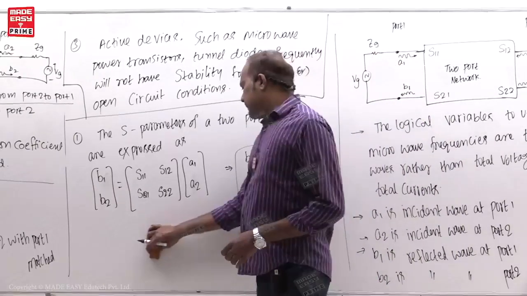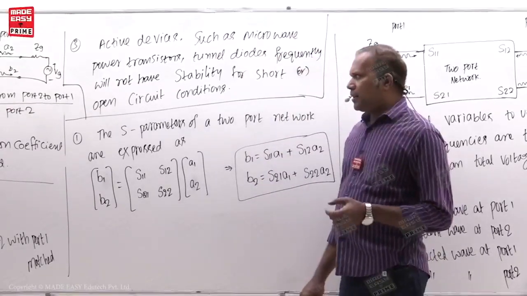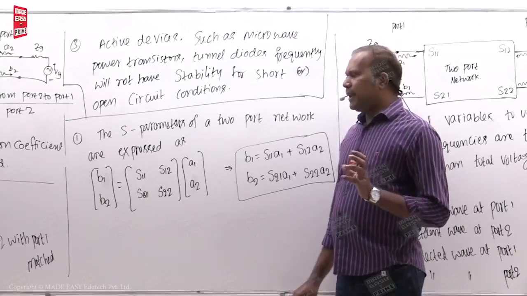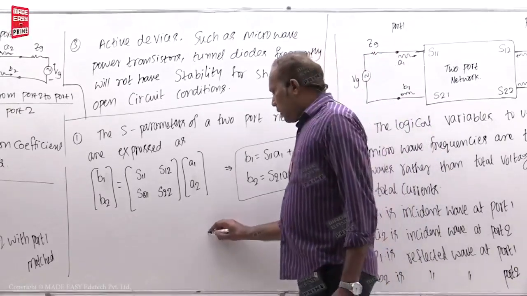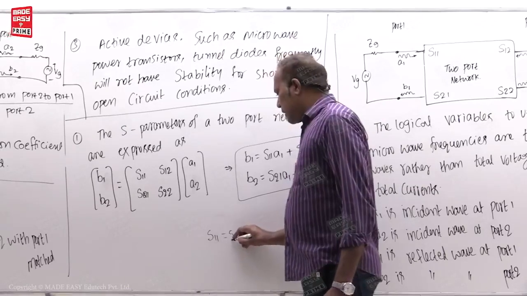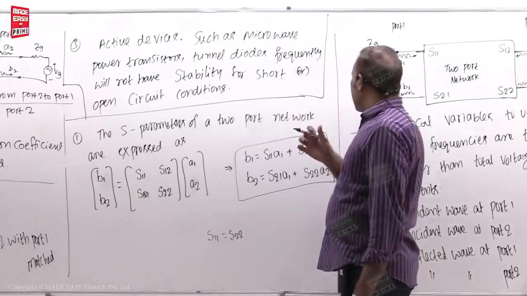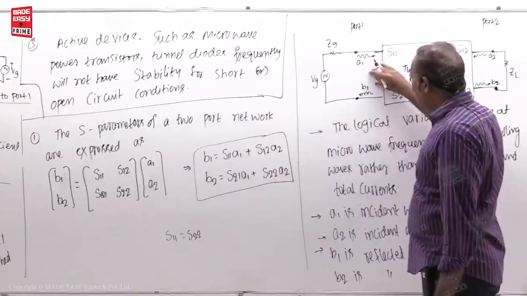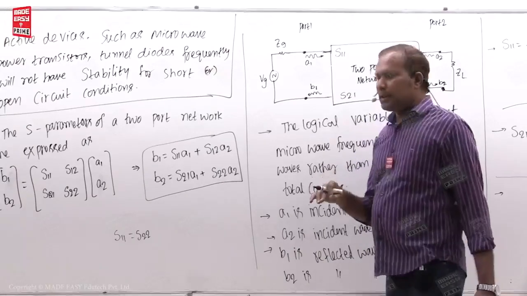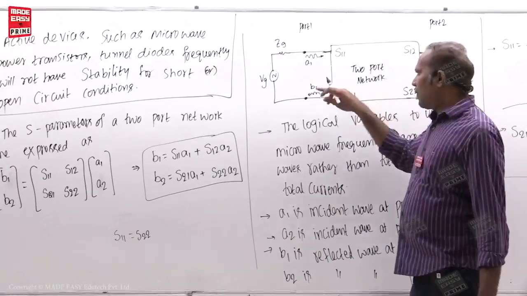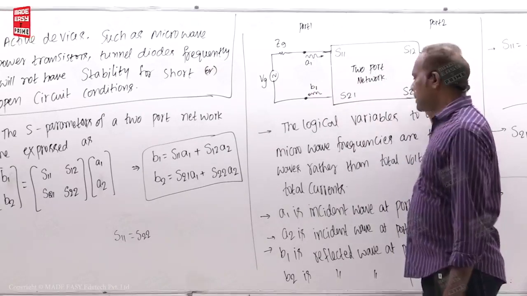So, dear students, I will tell you a few more points in connection with the network theory. S11 is equal to S22. That means input port 1 and port 2 are similar. That is why whatever reflection coefficient is there at port 1, the same reflection coefficient is there at port 2.